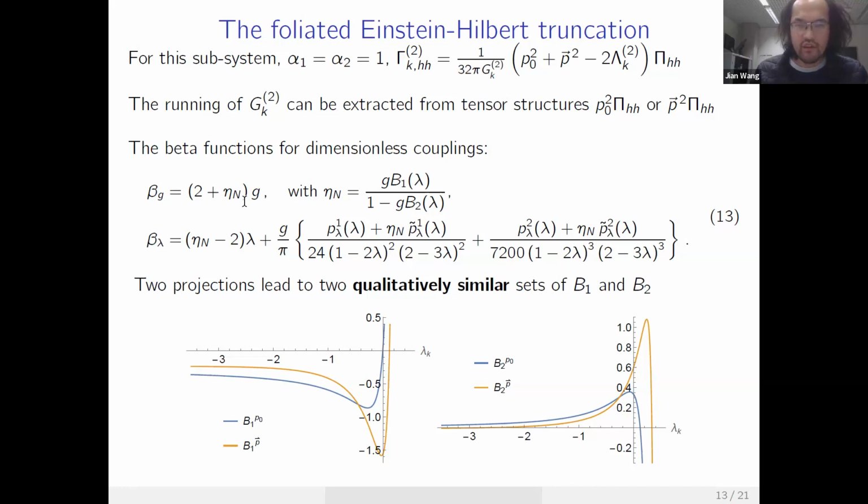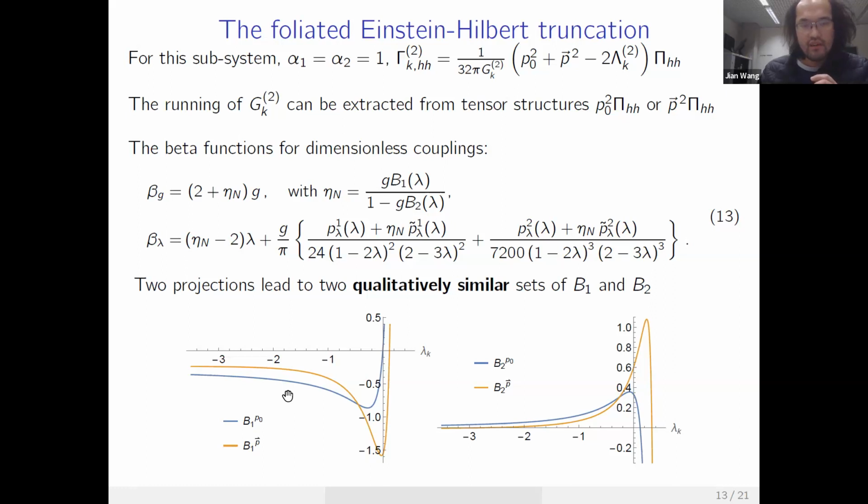For different projections, the P0 projection or the P vector projection, they just lead to different forms of the beta 1 and beta 2 functions. Here we give the plot of those two functions with different projections. We can look at the left one. For the beta 1 function, the P0 projection and the P vector projection give the same shape of the function.